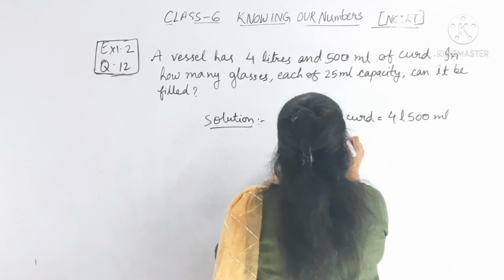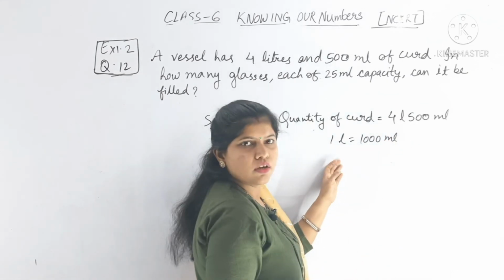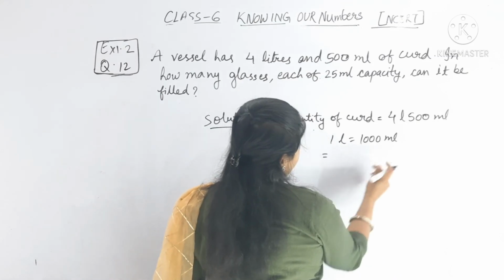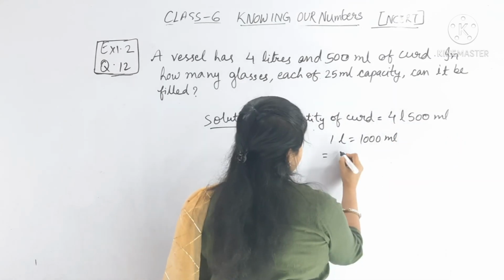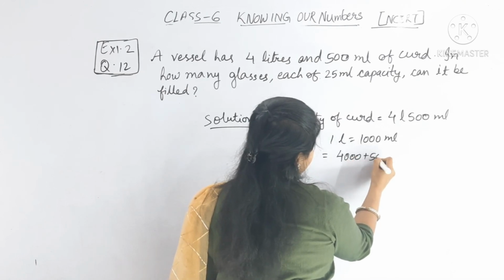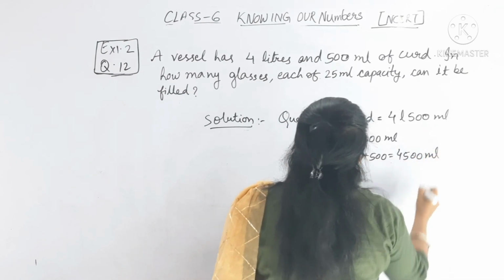So we know that 1 liter is equal to 1000 ml, right? So we have to convert this in ml. That is 4000 plus 500. That will be 4500 ml.